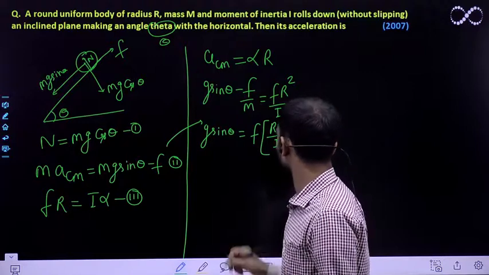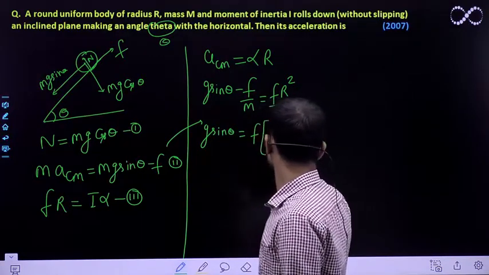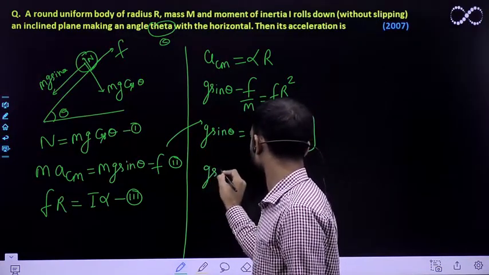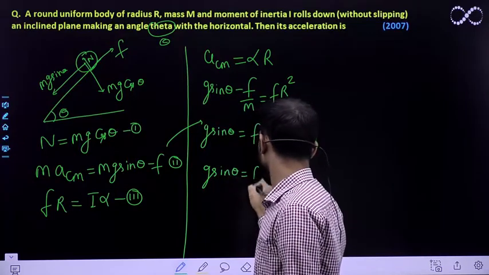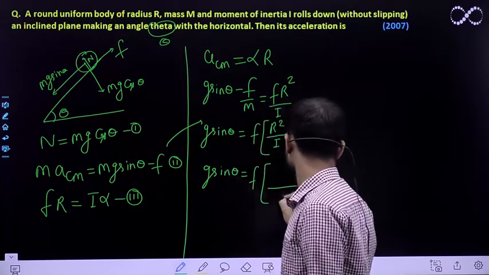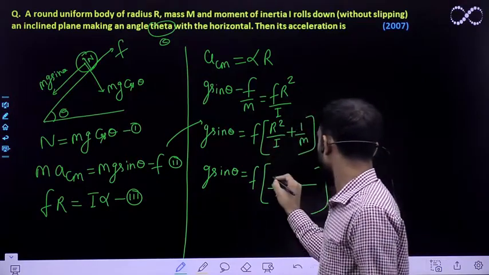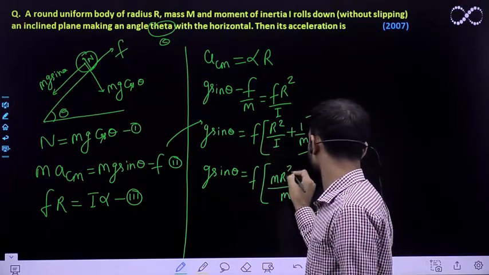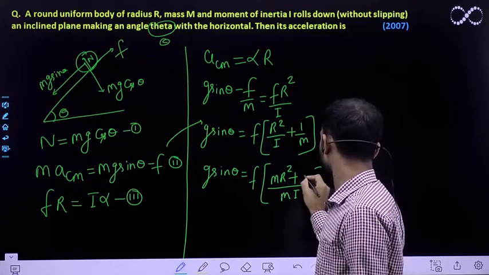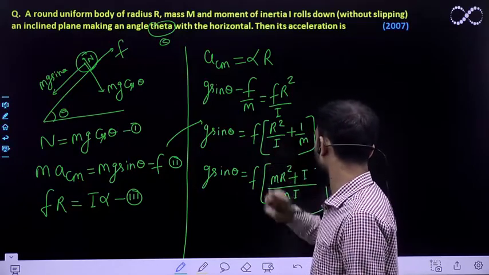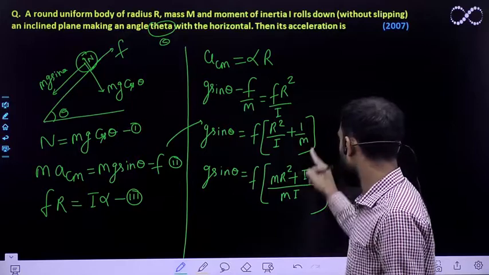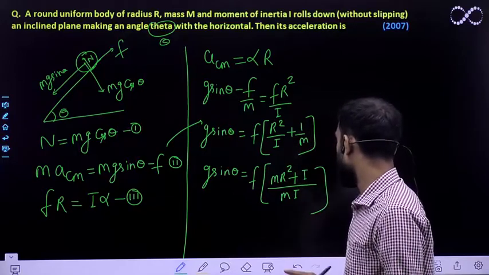So what is the value of f from here? See, g sin theta is equal to f, that becomes m I. Mass multiplied here, so this will become m r square, and if I multiply here with I, this becomes I. So now you are getting this.